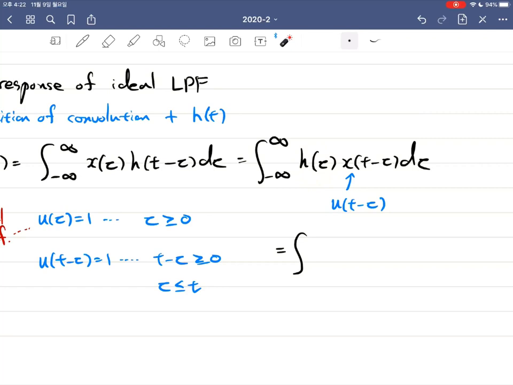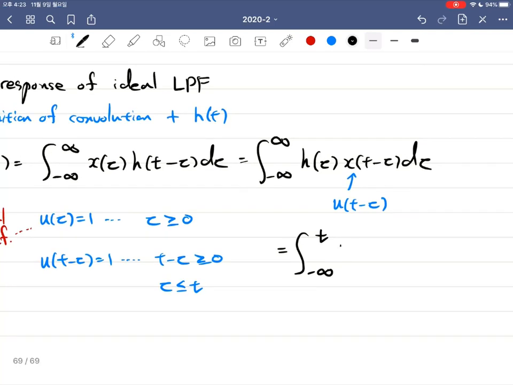Then, if tau is bigger than t, then you will have none, because you will get 0 for this u. So with this property, this integration will be from minus infinity until t, right? Because until t you will have 1. So with this range, you will have the value 1 for this u, and since you're multiplying something by 1, you can just write down something inside this integration.